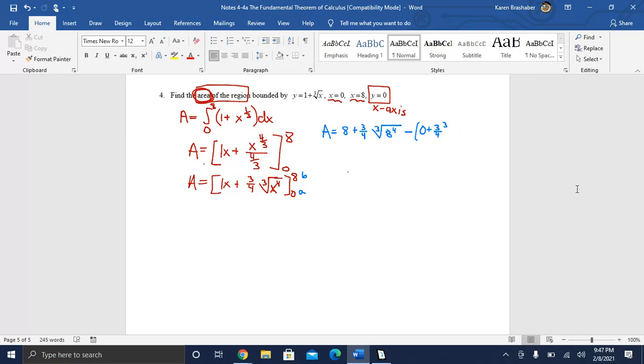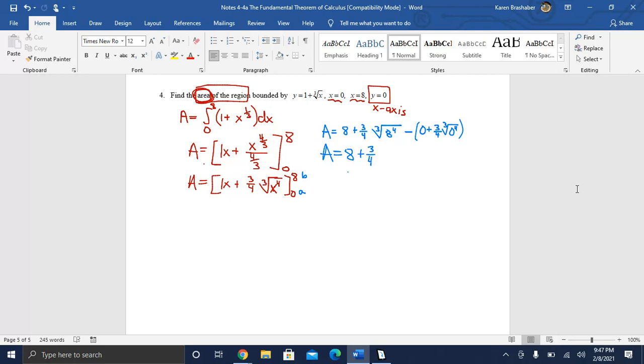So once again, the third root of 0 to the 4th power. Okay, so evaluating, we'll have 8 plus 3/4.